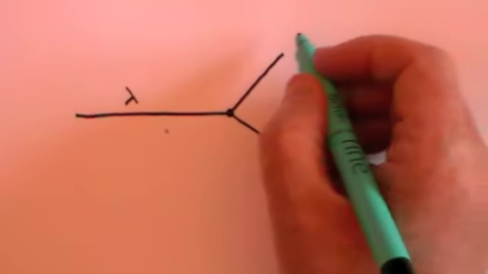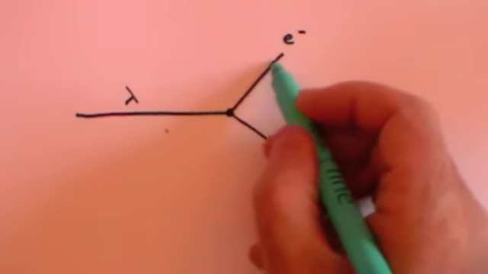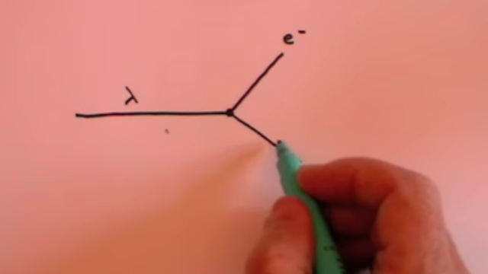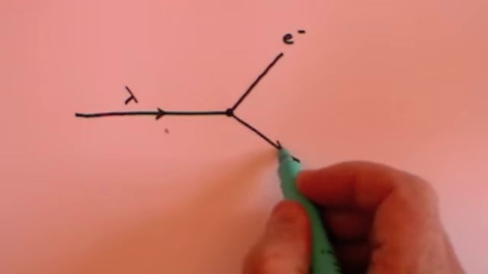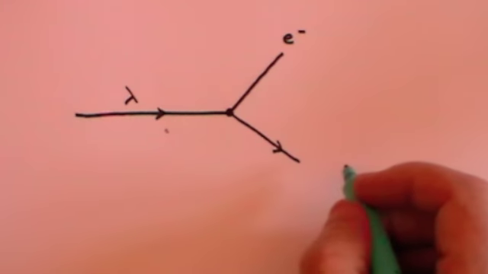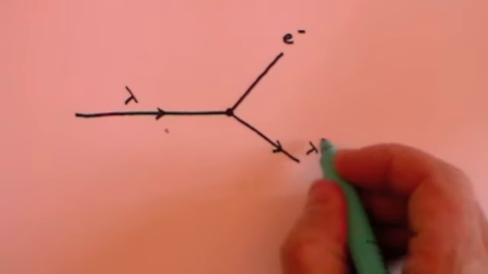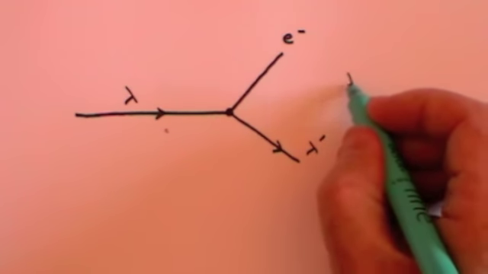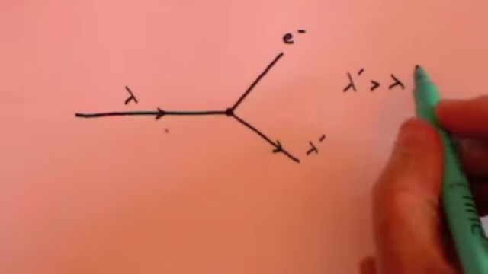We can say that this is the electron which has been given some energy, moving in this direction, and we can say that the resulting photon will have a wavelength lambda prime, where lambda prime is greater than lambda.